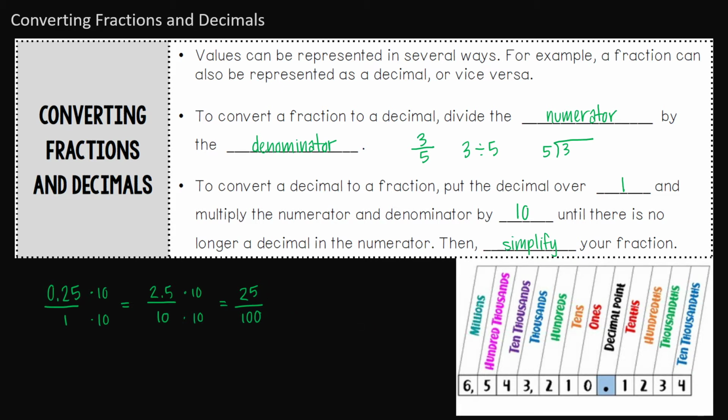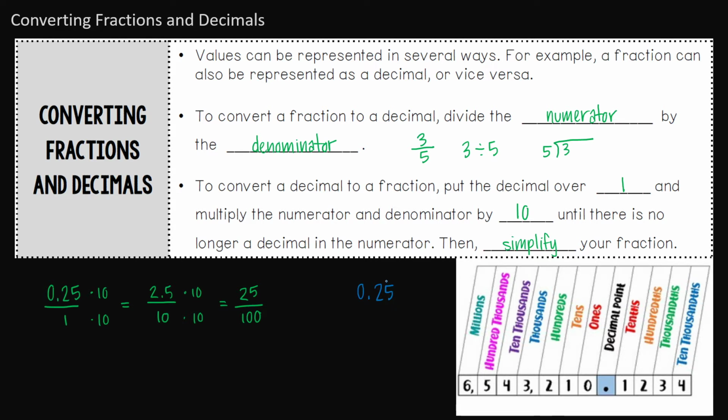Another way to do this is to take a look at the decimal places. So let's say we're using 0.25 again, and actually let me use a different color for that. Let's say we are using the decimal 0.25.